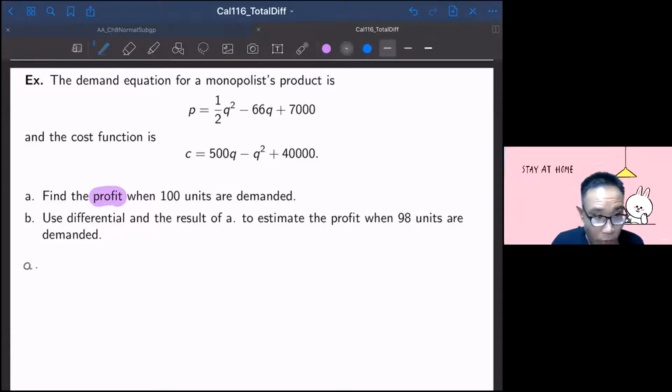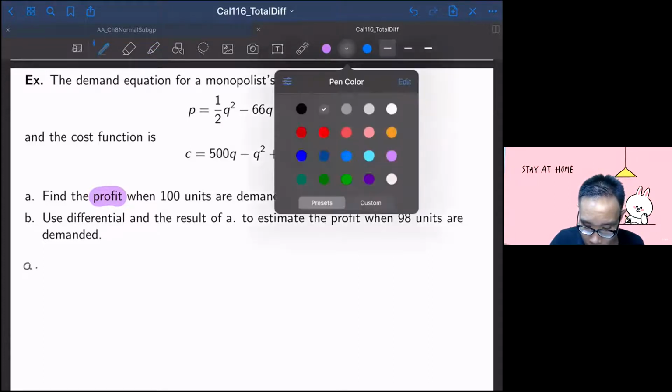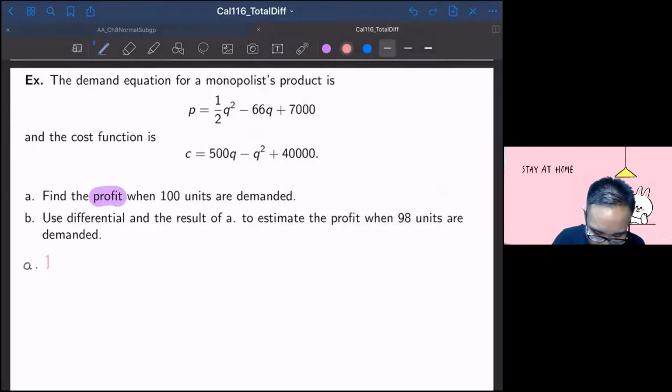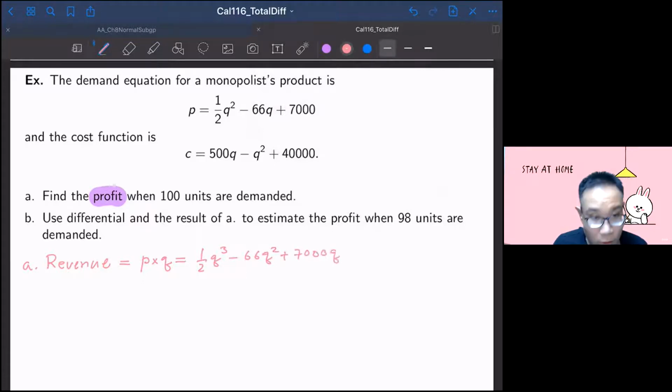So you know the demand function, so you're going to get the revenue. Okay, let me do part A. So you have the revenue function turn out to be P times Q. So it's going to be 1/2 Q cubed minus 66Q squared plus 7,000Q.